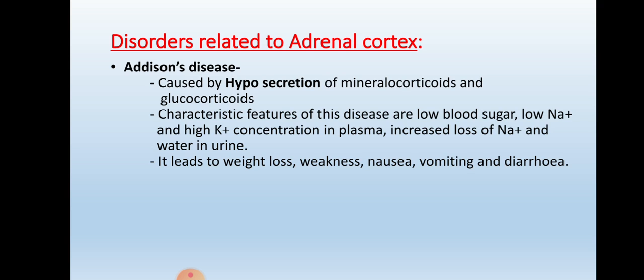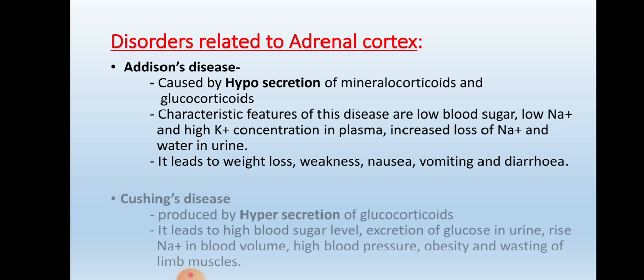What happens in this disease is low blood sugar level, low sodium and high potassium concentration in blood plasma, and increased loss of sodium and water in urine. Weight loss, weakness, nausea and vomiting, and diarrhea are some symptoms of this disease.